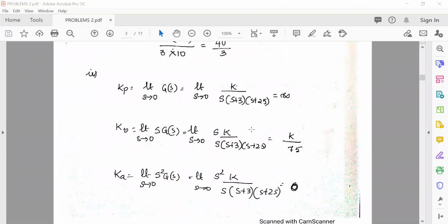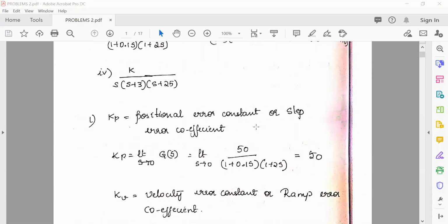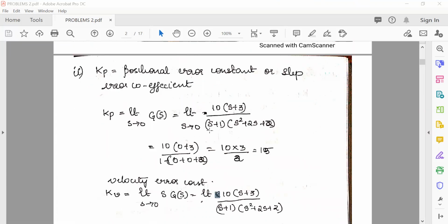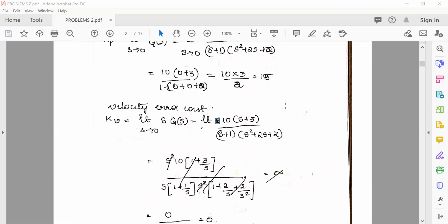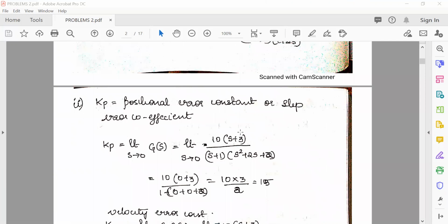Next, look at the order of the system here. What will be the order of the system? The first system, what is the type of the first system? It is type 0, because you don't have any pole at the origin. What about the second one? Do we have anything? No. Here also there is no pole at the origin, only the s term is not present. Therefore we have only the first positional error coefficient, because type is 0.